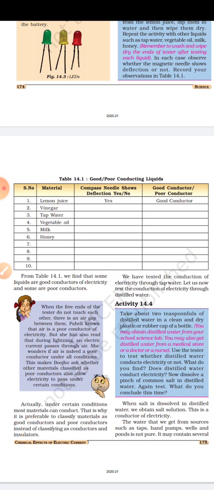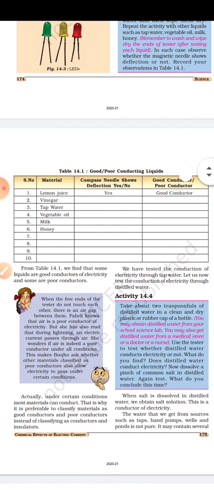If we test tap water, that is drinking water, it has fewer salts and other materials, so it will show minimum deflection in the compass needle. But if we add some salt to it, it will become a salt solution. The water present in oceans, lakes or ponds has a maximum amount of salt dissolved in it, so it will show the maximum deflection.